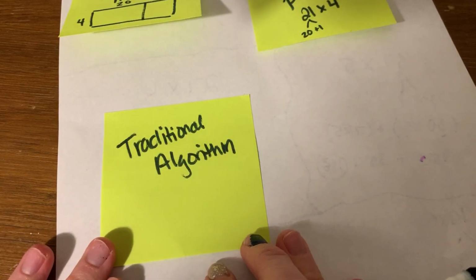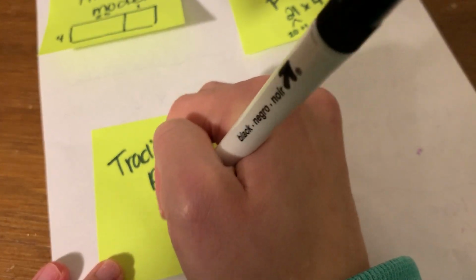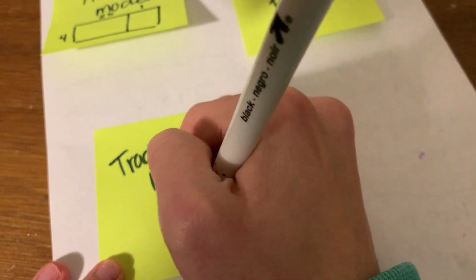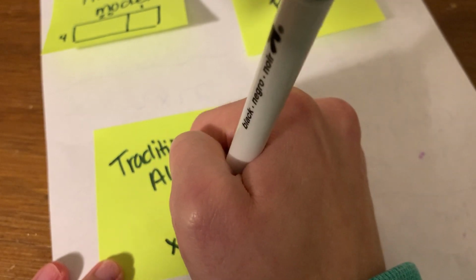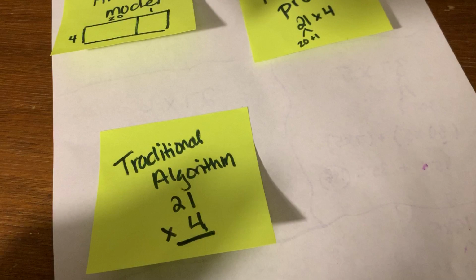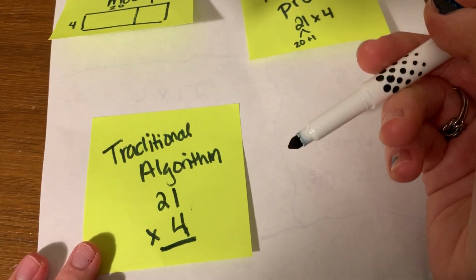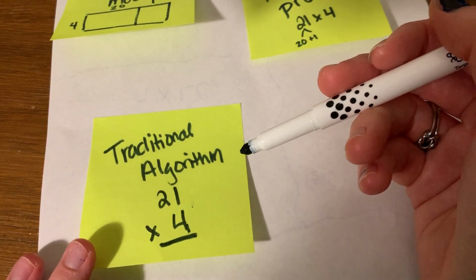The traditional algorithm doesn't ask you to do that. It asks you to make it a little bit less complex, a little less about place value and a little bit more about getting the answer right away. So I'm going to go ahead and show you really quick on this sticky note.